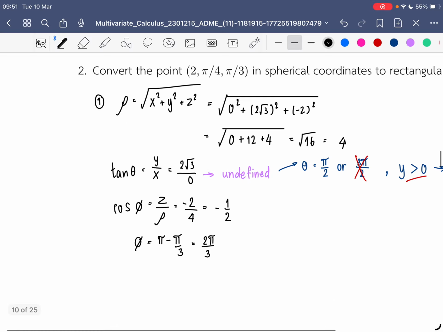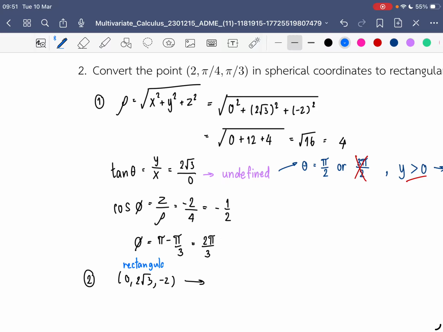So from x, y, z, from 0 to pi over 3 minus 2, which is rectangular, we change it to spherical. You get for theta first, theta is pi over 2, and phi is 2 pi over 3.